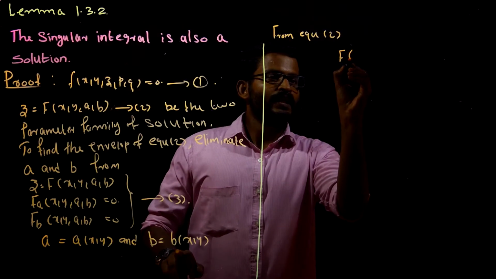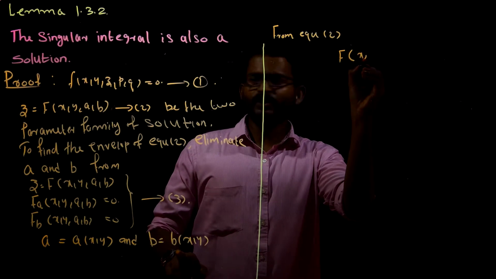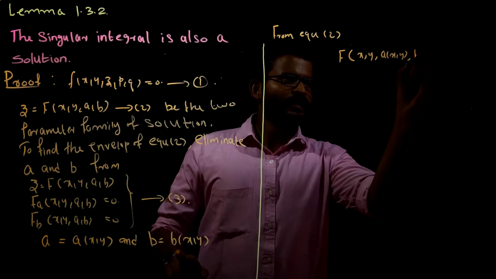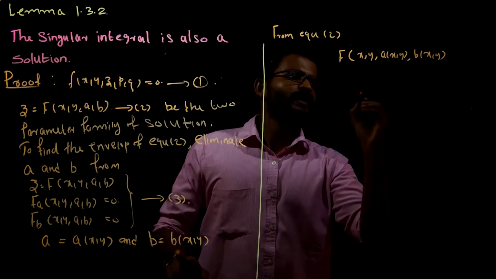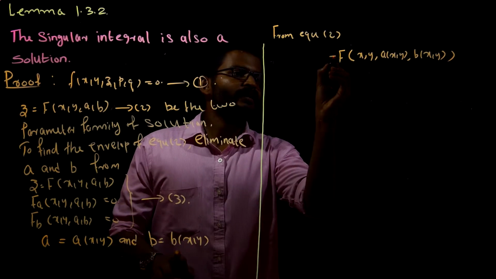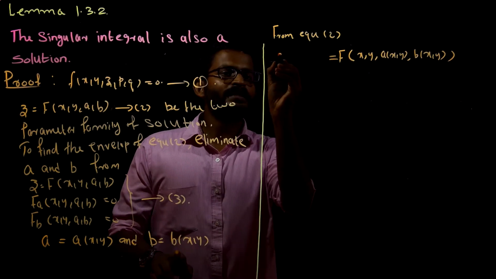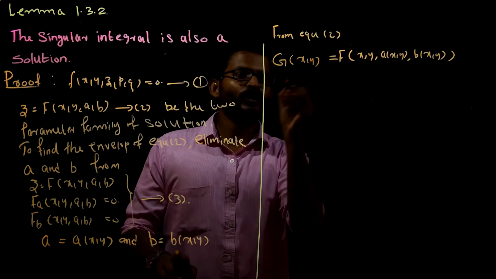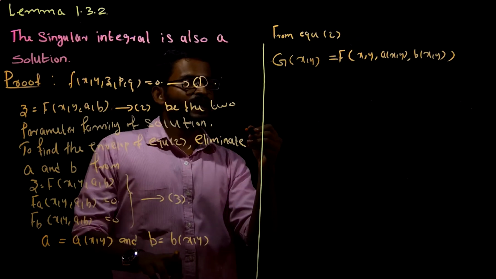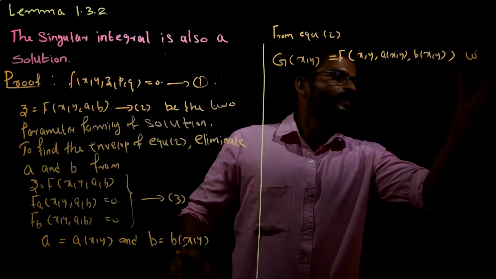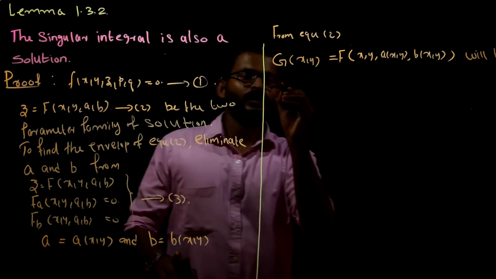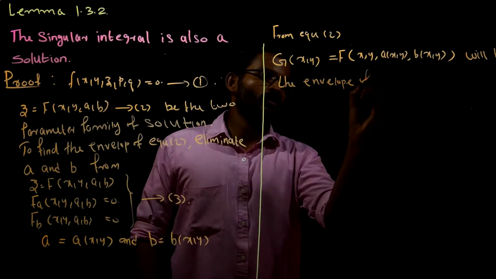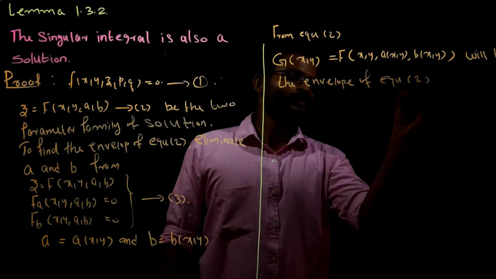That is, F of x comma y comma a of xy, b of xy, and I denote it as G, which of course has variables x comma y, and this will be the envelope of equation 2.